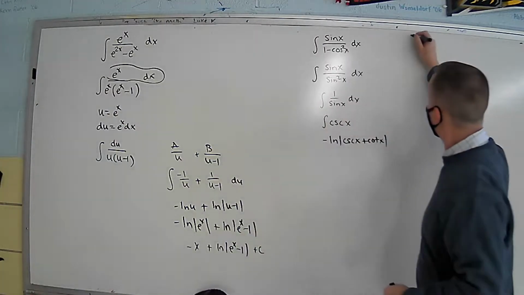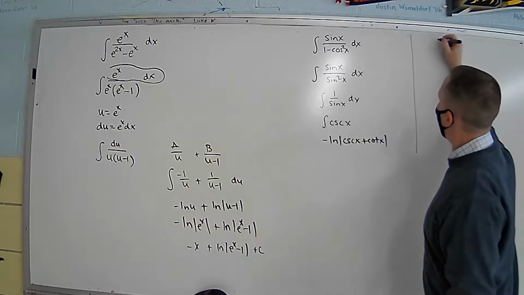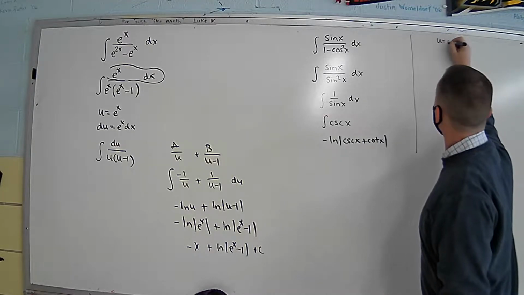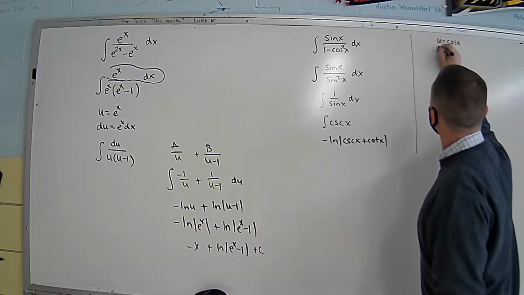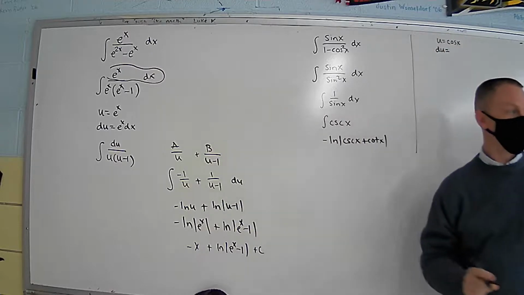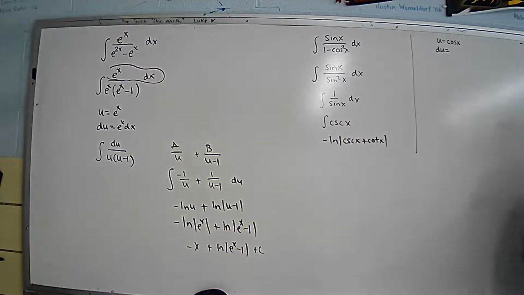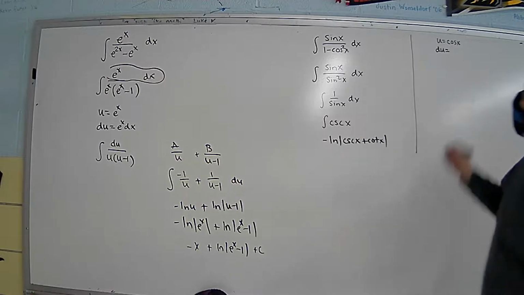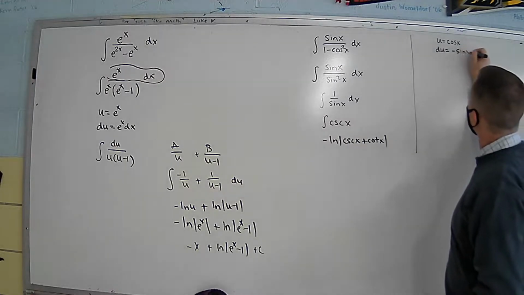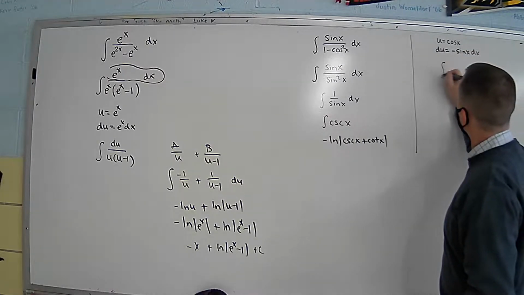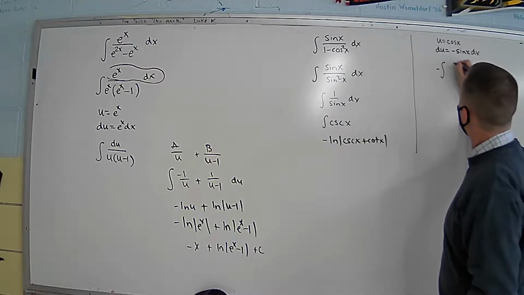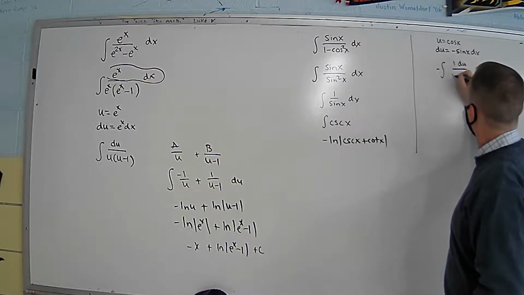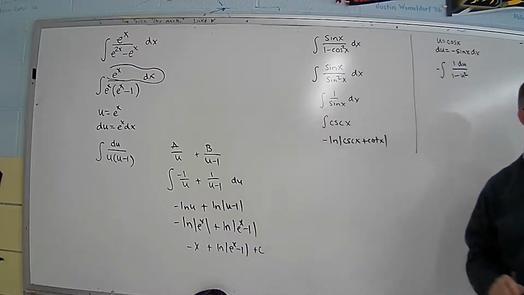Because you could say, hey, let u equal cosine of x. What's du? Negative sine of x. So that's negative 1 du over 1 minus u squared. Right?